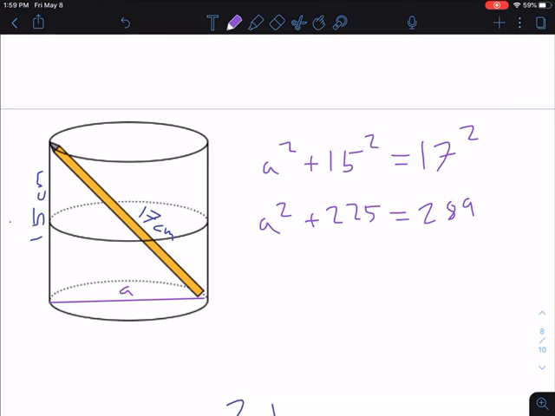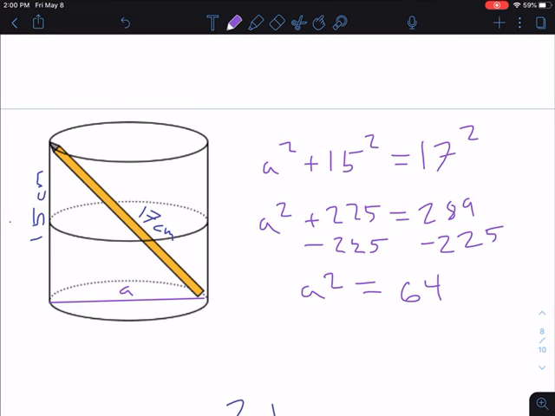Now, we're solving this like an equation. We're solving for A, so we have to isolate that variable. We have to get all these numbers onto the other side. Do that by subtracting 225 from both sides. You get A squared is all alone, and 289 minus 225 is 64. Oh, this is looking crispy.